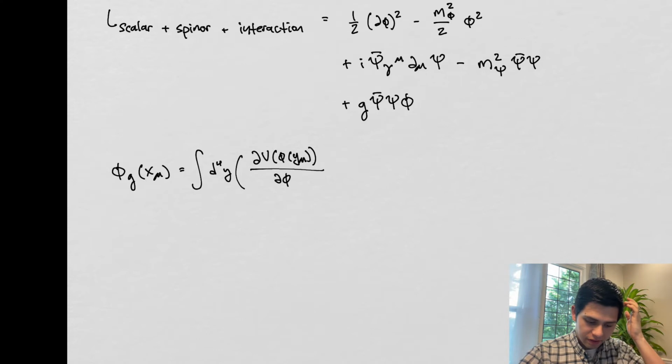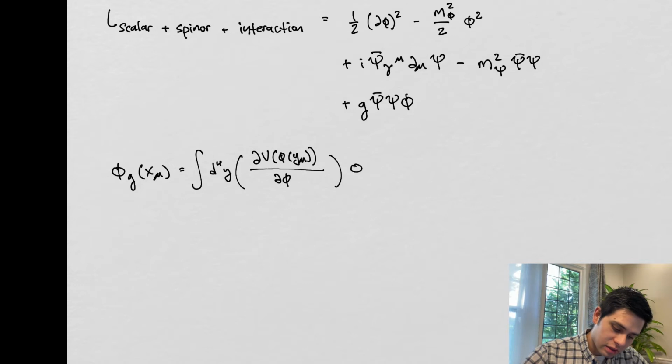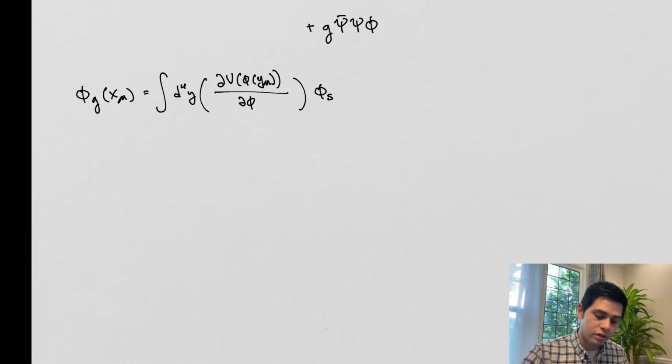The potential was a function of the spinor value, and the spinor value was a function of a space-time coordinate. So that's what that is, and that's the height. We said that was approximately the height of a delta function, and then we had these special functions that acted as the delta functions themselves, or the waves that constituted the delta functions.